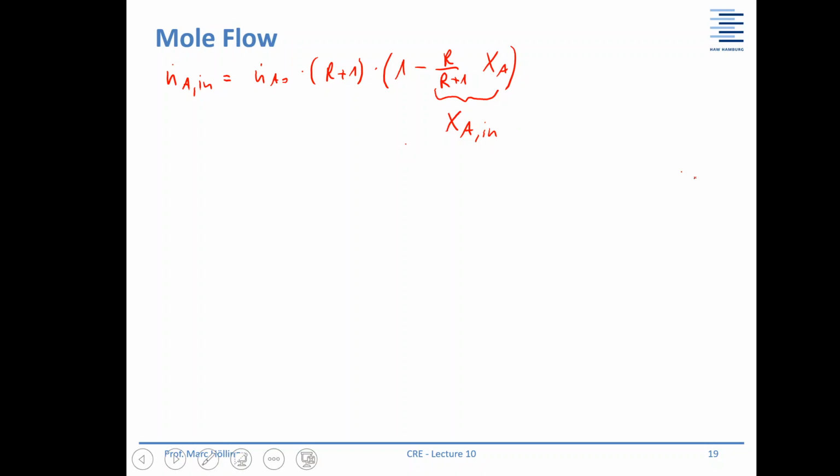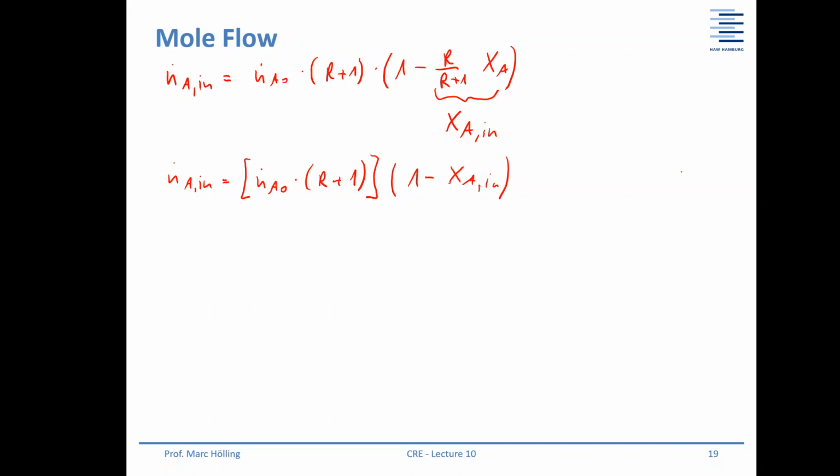Then we can rewrite it as N dot A in is equal to N dot A0 times R plus 1 times 1 minus XA in.